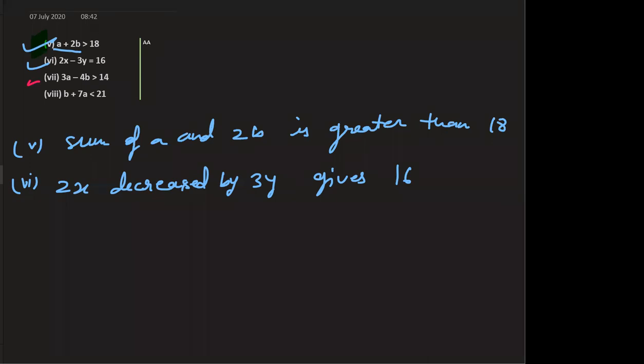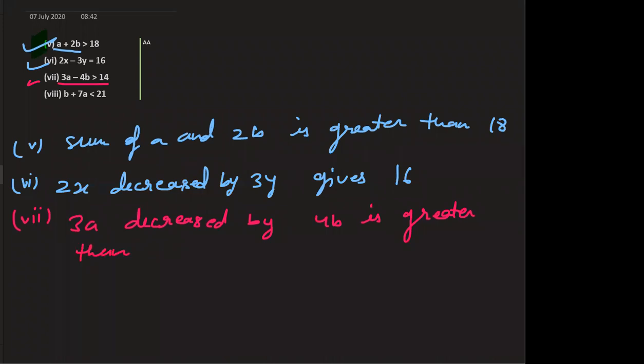Next, 3a minus 4b is greater than 14. So write 3a decreased by 4b is greater than 14.